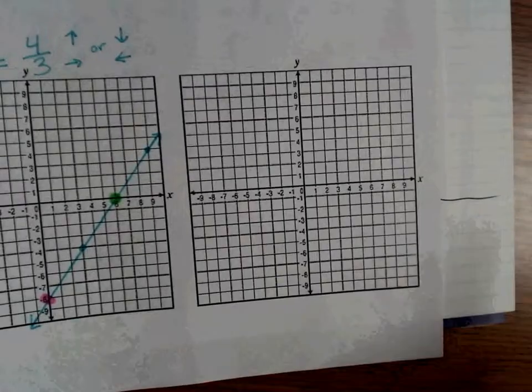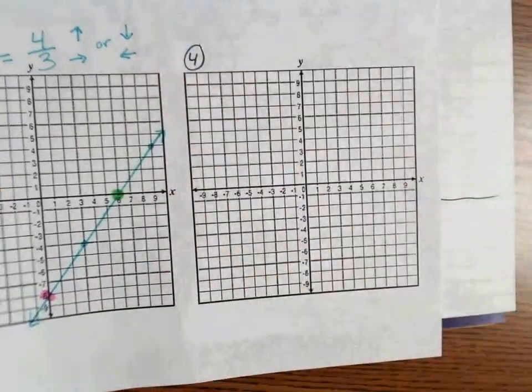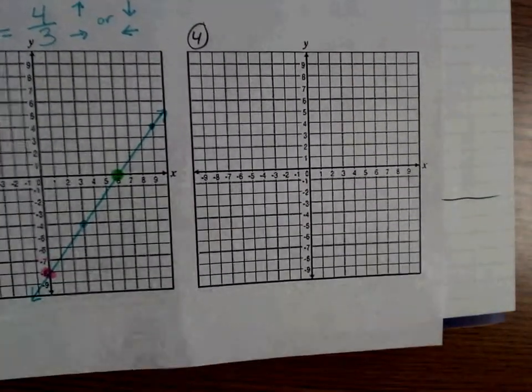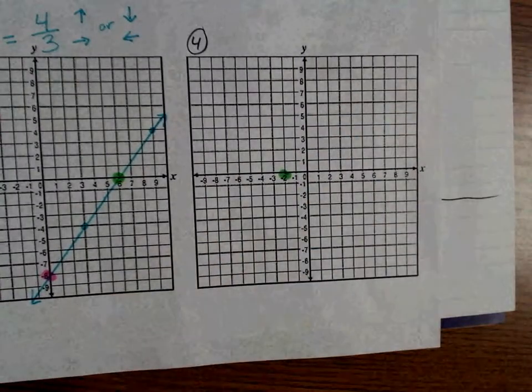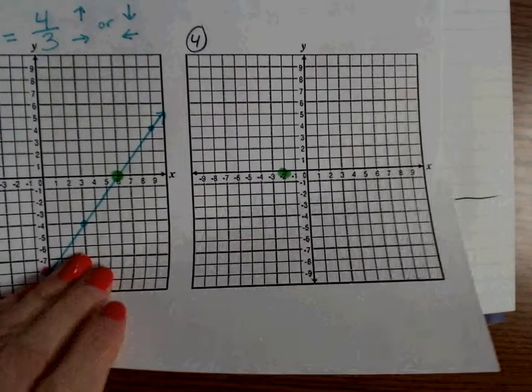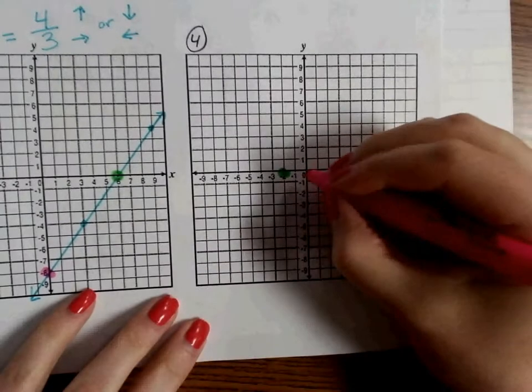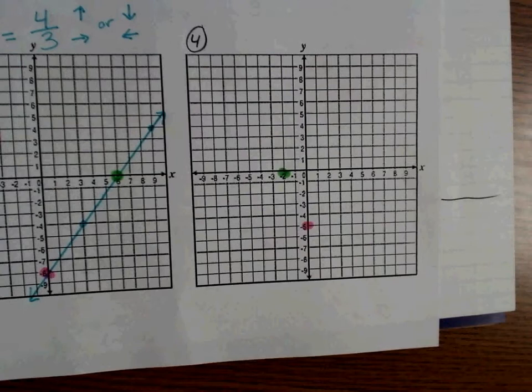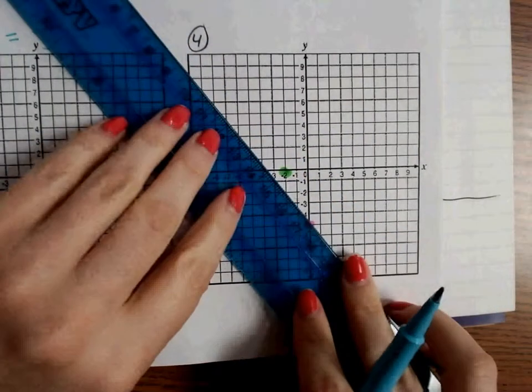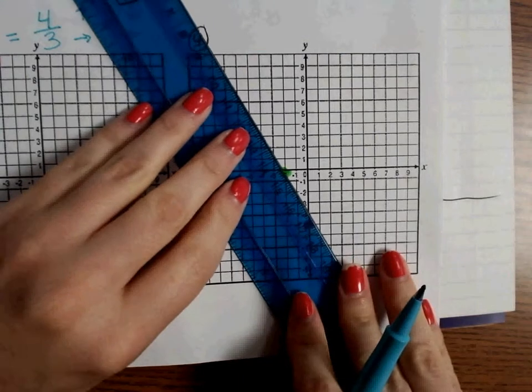Okay, then graphing it. So if we take a look at our last example's graph, our x-intercept is at -2, 0. Our y-intercept is at 0, -5. And then connect them.